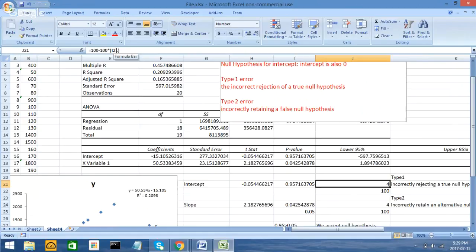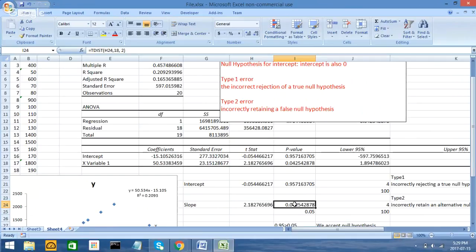Type 2 error occurs when we incorrectly retain a false null hypothesis. And this is what is happening for our slope. Let's change the probability associated with the slope into numbers.